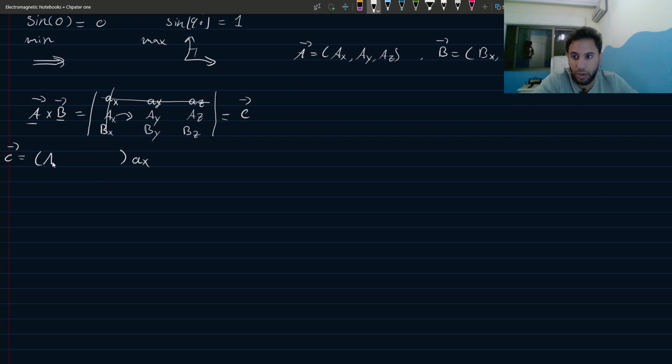So we say ay and multiply it with the diagonal component. In this case, it is bz. So we write multiplied by bz minus az cross by. We go from az multiplied by by. So az by. And we're done for the ax.